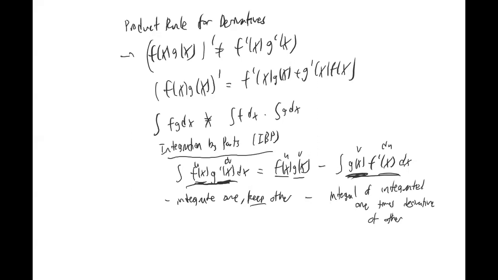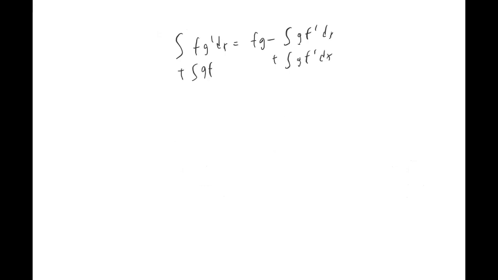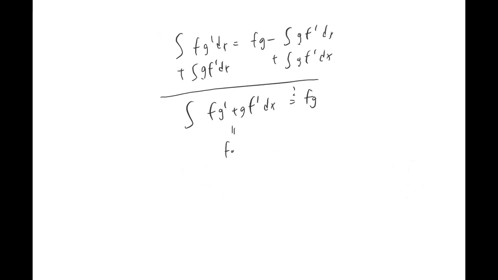And just to convince you this is the product rule, let me just rewrite it. Integral of fg minus gf prime dx. So this is just the product rule, because if you add this plus gf prime dx, and is this fg? Well, it is, because this thing is just fg prime.